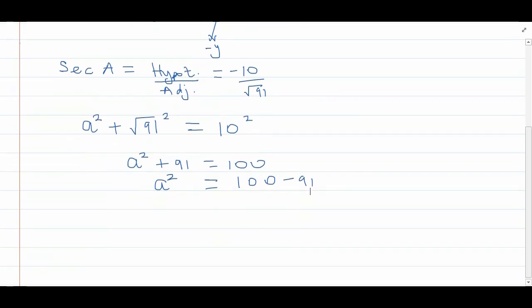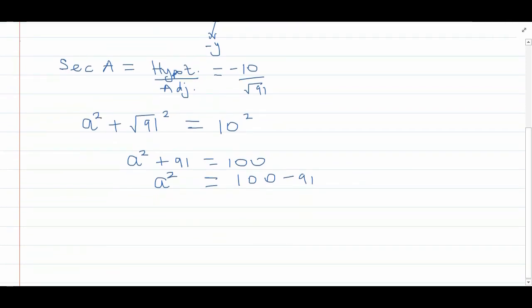So a squared will be equal to 9 before we take the square root. Then we say a will be equal to plus or minus the square root of 9.